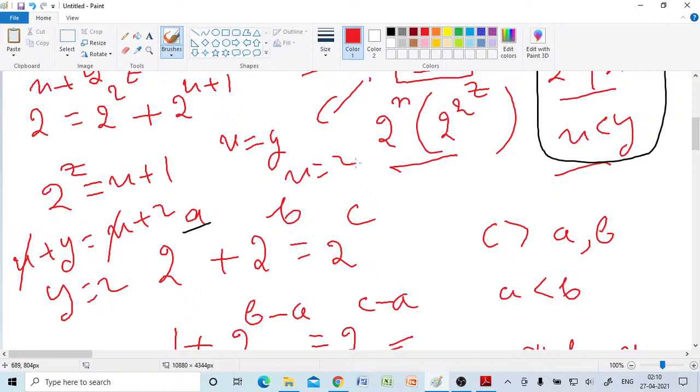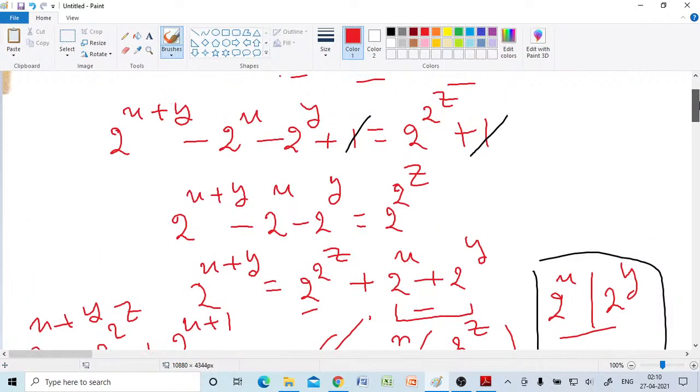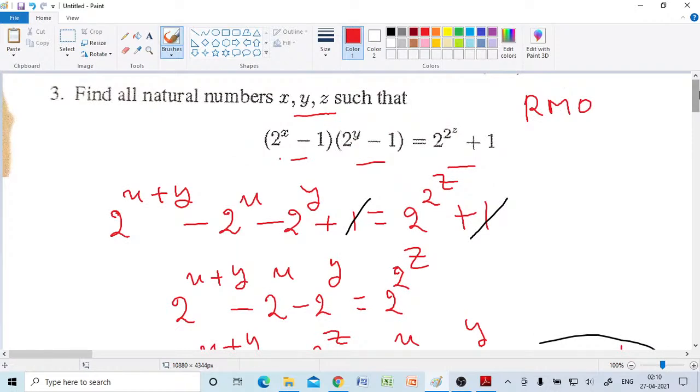And if x equals 2 and y equals 2, what do we have? 2 to the power of 2 plus 2, that is 4, minus 2 squared is 4, so this is basically 8, and this is 16 minus 8, which is basically 8.